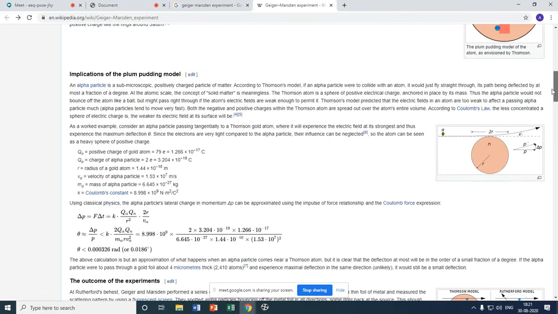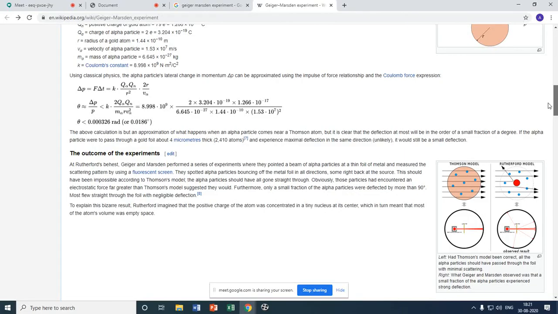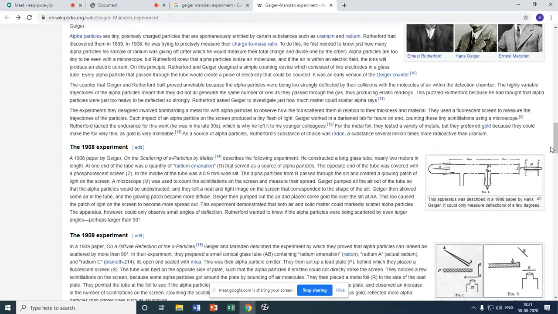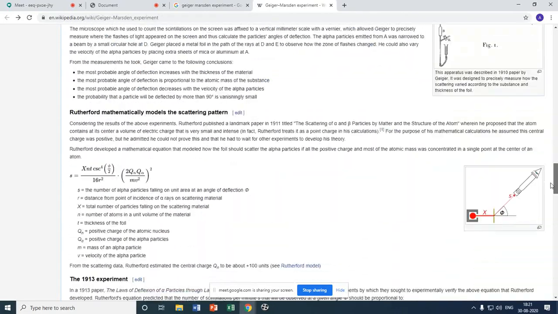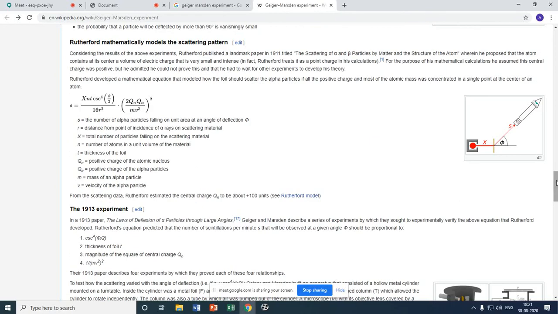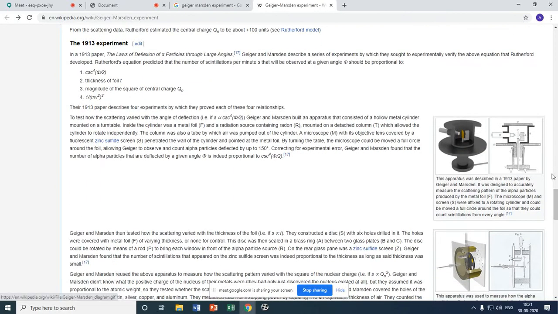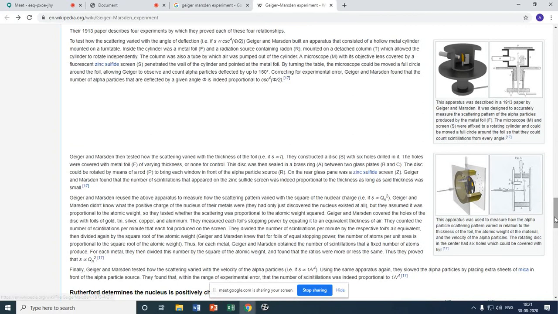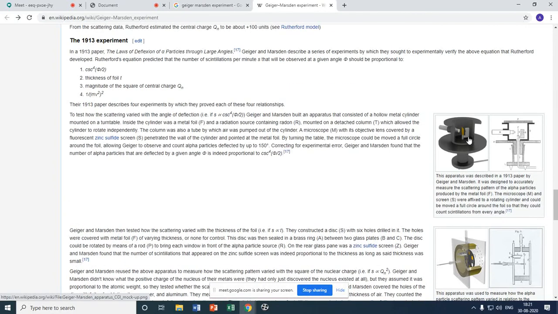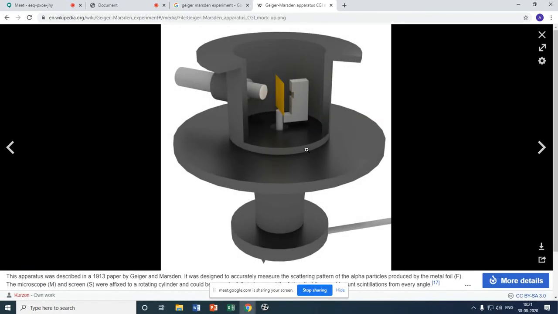So we have been able to tell that there is some core, which is called the nucleus. This is the actual setup, the one you see in the book. This is the 3D model.